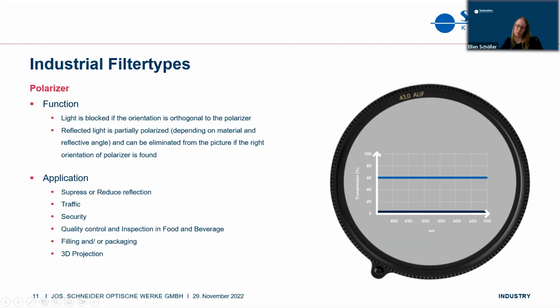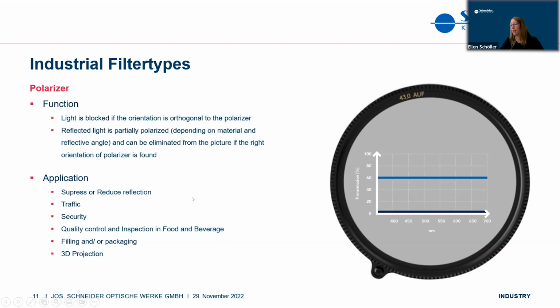You know this from consumer photography, when you want to take a picture of the sea or a lake and you have reflections on the water, but you can also use this in industrial applications when you maybe want to read a barcode on a metal part, and this is not readable for the camera because there are reflections.